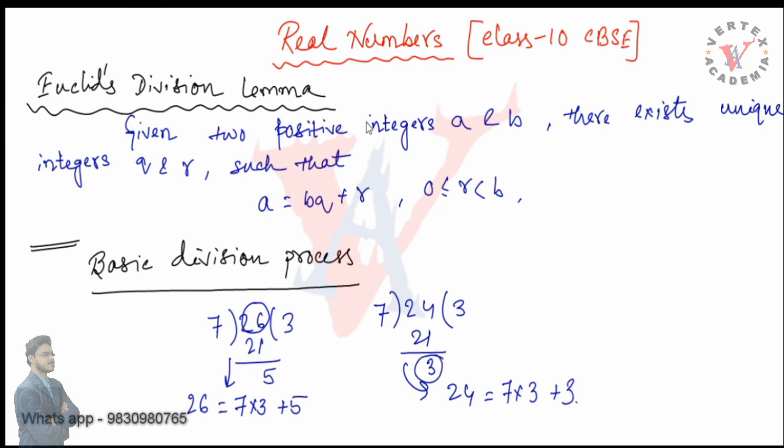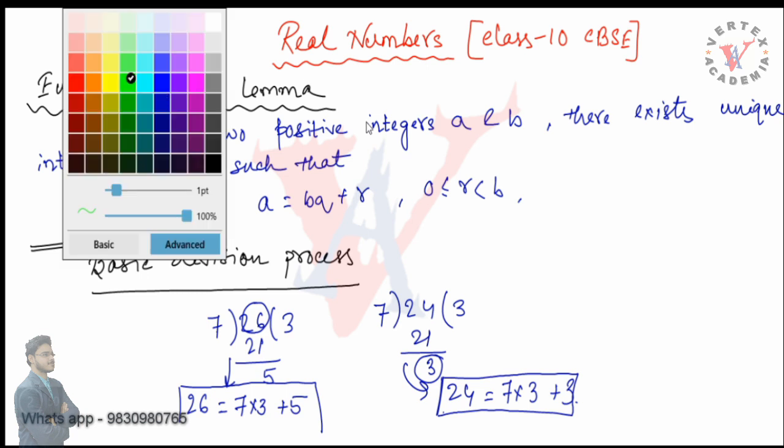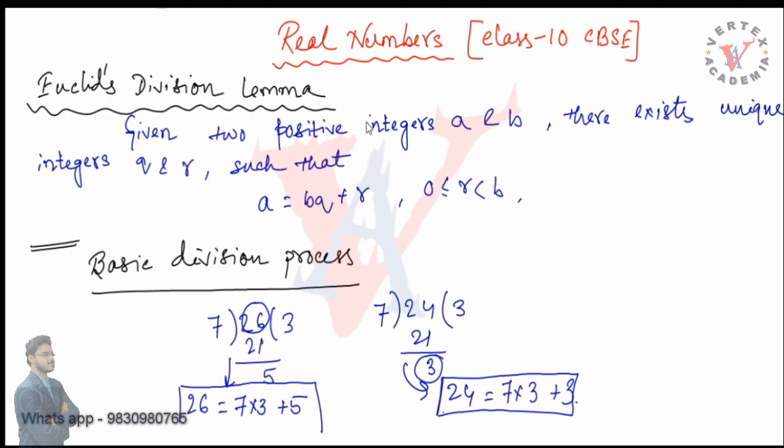So here we must consider these two results. What we get from these two results is that here 7 is called the divisor.